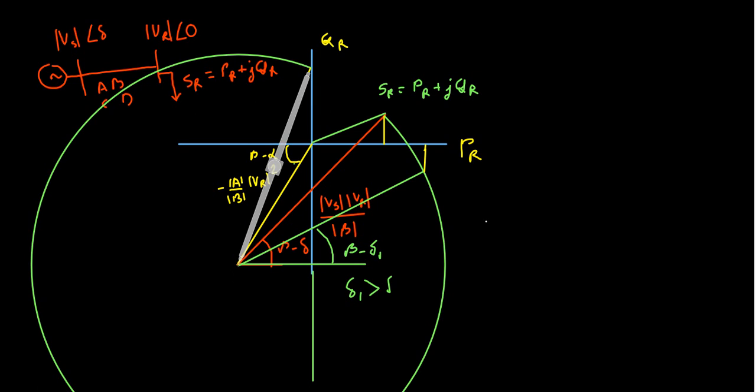So this is my PRs. But have you noticed that as I switch from this phasor to this phasor to this phasor, the magnitude of this phasor is the same, VSVR upon beta. Angle goes on changing, delta goes on increasing, or beta minus delta goes on decreasing. So what is happening to QR? QR was initially here. So let me draw with a white line.